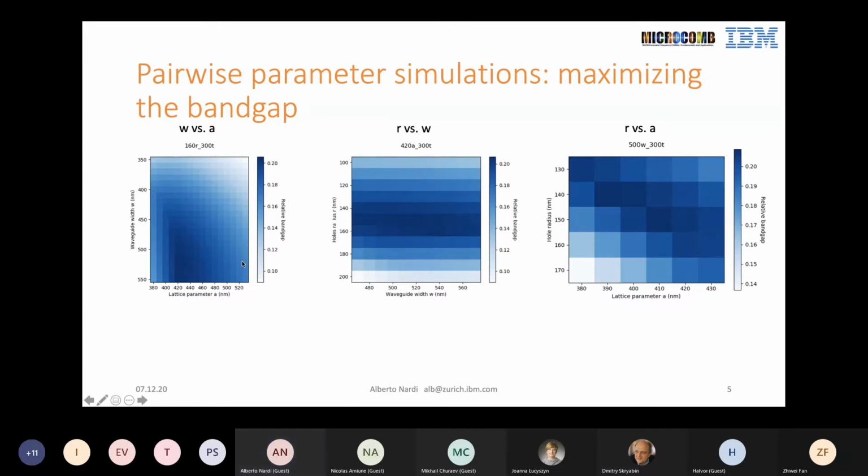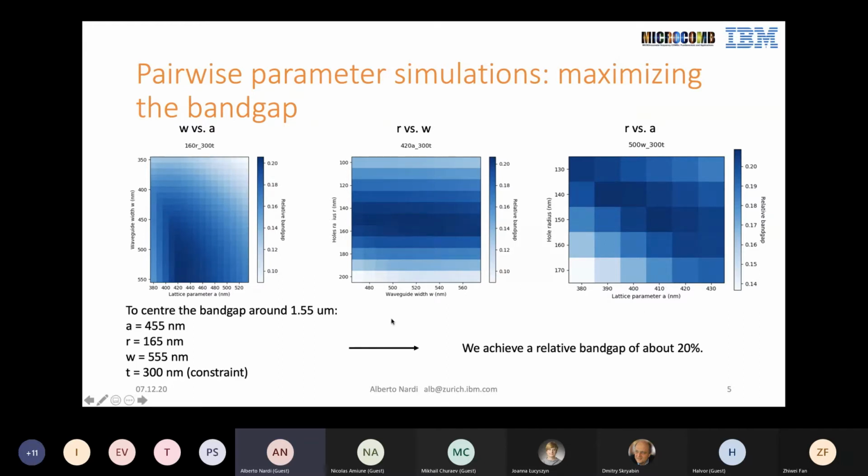We use these simulations to see how we can modulate the different parameters in order to get a maximum band gap. On the left I have the waveguide width against the lattice parameter, in the middle the radius against the waveguide width, and on the right the lattice parameter against the hole radius.